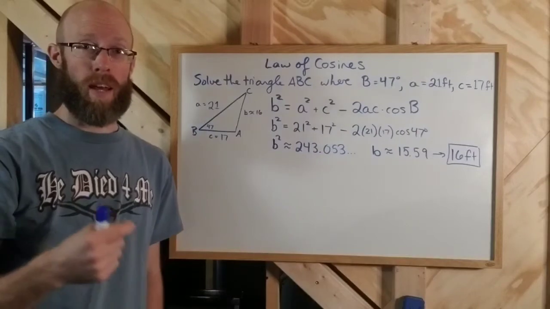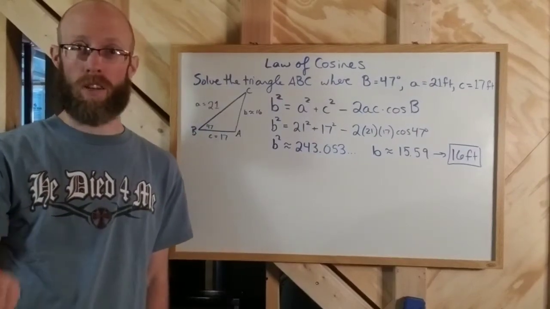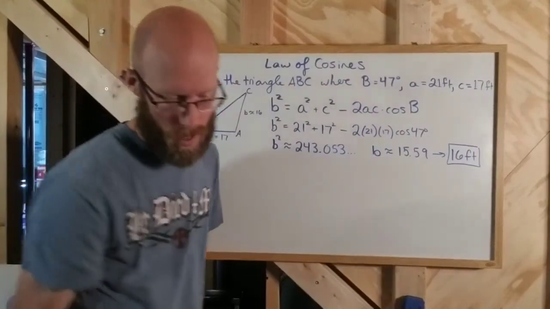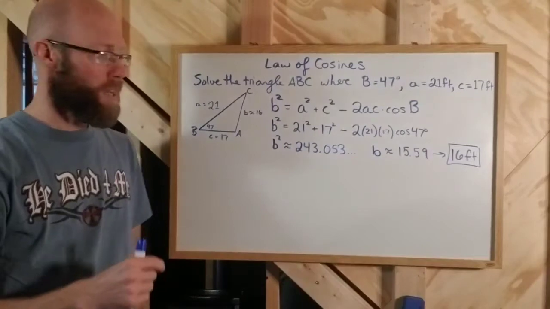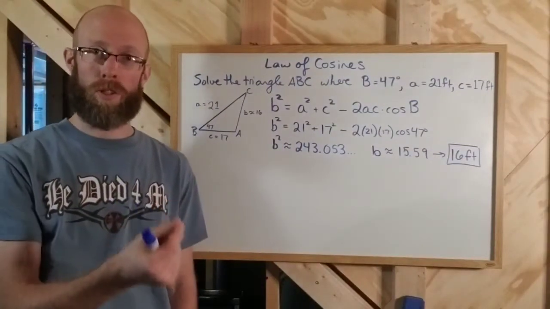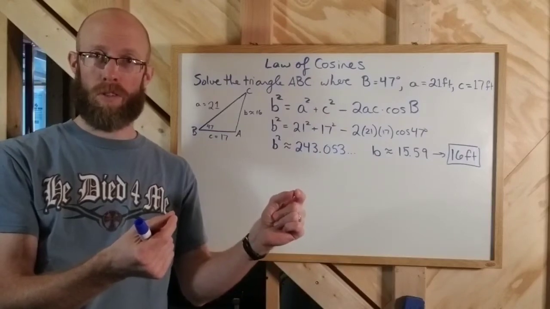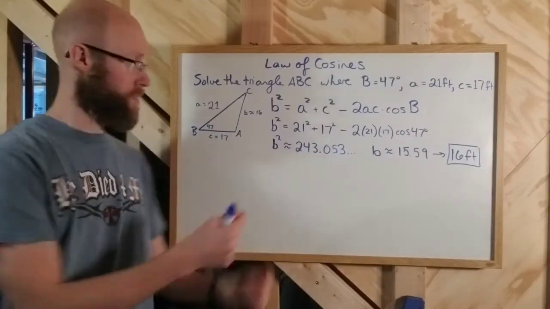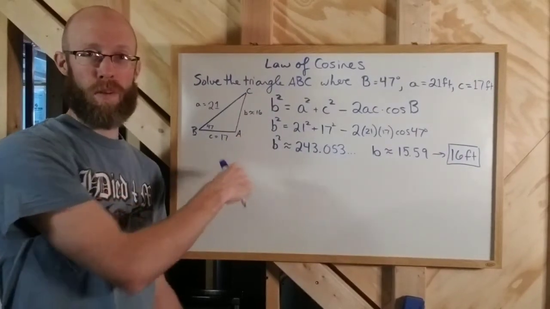The smaller one has to be acute. It can't be obtuse, right? Because if the smaller one were obtuse, the bigger one would then also have to be obtuse. If you have a smaller angle that's obtuse, then the bigger angle, well, what's bigger than an obtuse angle?